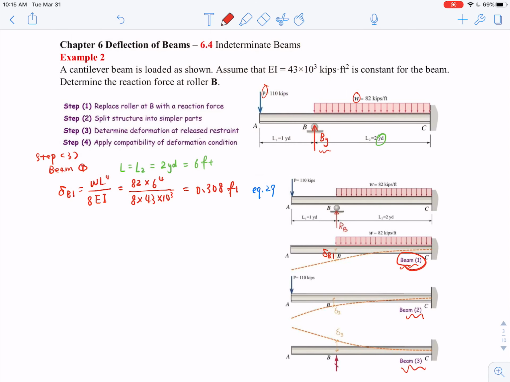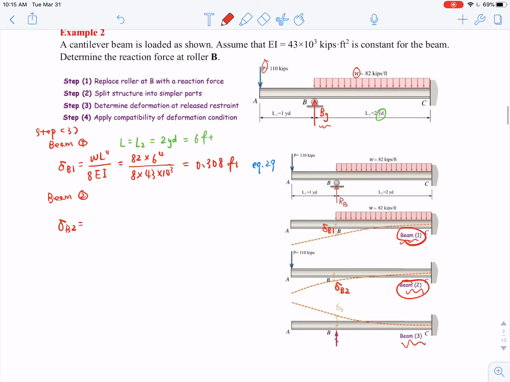Then let's look at beam 2. Beam 2 is a cantilever subjected to a concentrated load at the free end A, that is P equals 110 kips. Then we are calculating the deflection at point B. Let's call it delta B2. To calculate delta B2, we need to use an equation in this table.